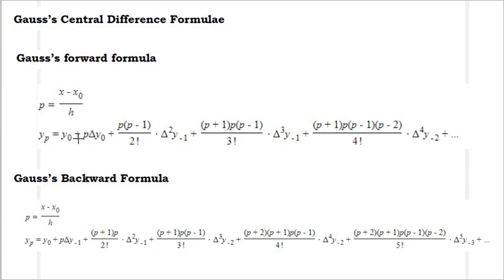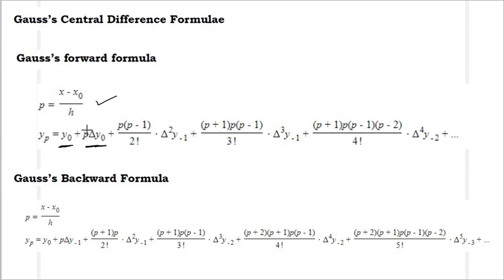If we compare it, you can see p is the same as x minus x naught by h, same as p in Newton's forward interpolation formula. The first term is y0 and the second term is p into delta y0.